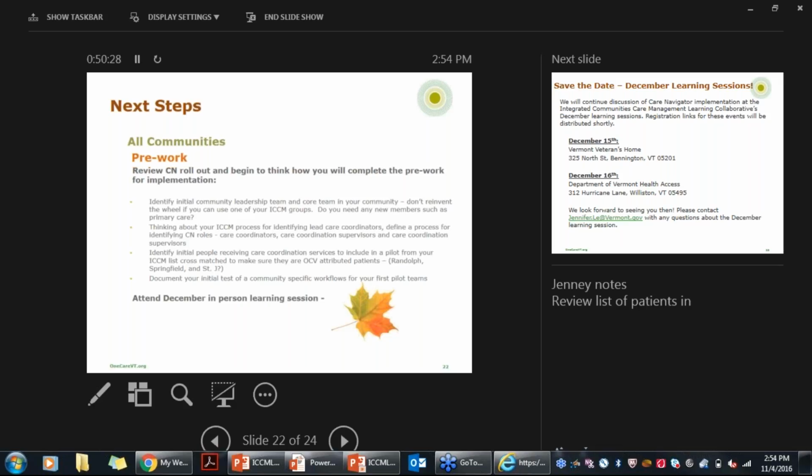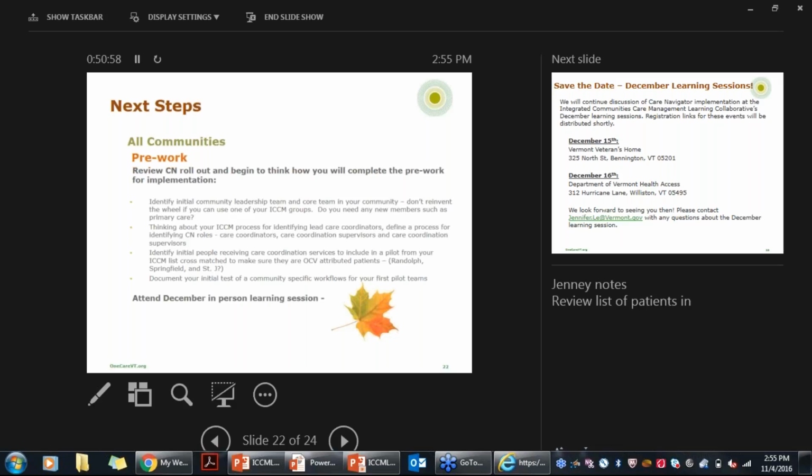So, identifying that initial community leadership team and a core team in your community. As we talk about, it is not having a separate team, but integrating it into the existing initiatives, because we know we have small communities, and it's the same people in many of the meetings. So this isn't asking you to recreate something, it's just adding something in to the mix of what's already happening.